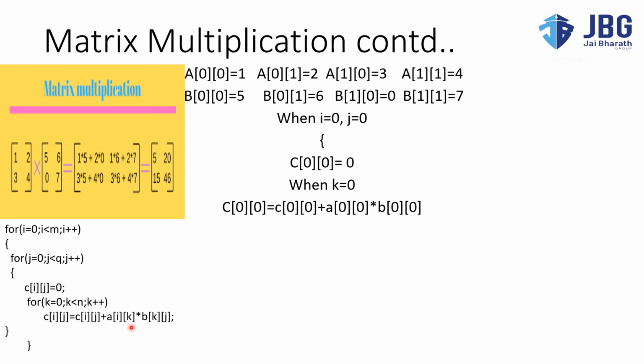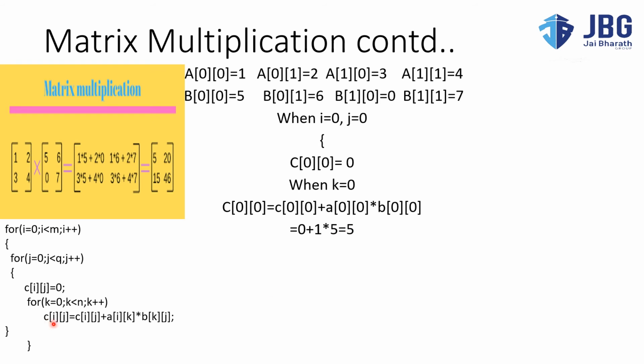When we substitute the values, we get C of 0 0 equal to C of 0 0 plus A of 0 0 into B of 0 0. C of 0 0 is 0, I have assigned. A of 0 0 is 1 and B of 0 0 is 5. So 0 plus 1 into 5 equal to 5. Now C of 0 0 contains the value 5.